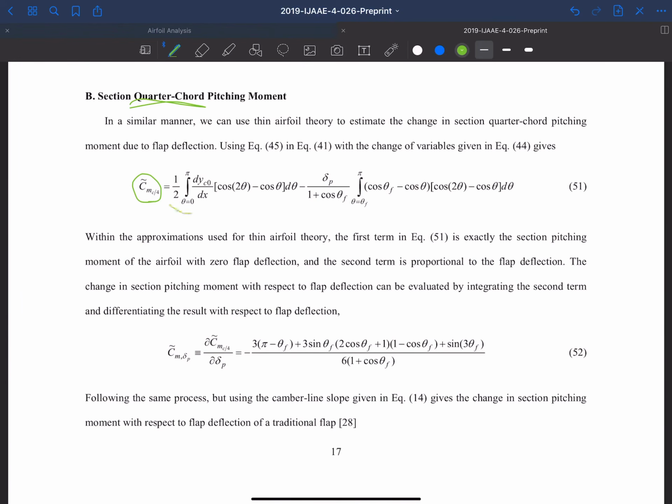What we find is that it's going to be the original, and then we have this additional term here due to the flap, and it's directly proportional to the flap deflection, once we've made the small flap deflection approximations.